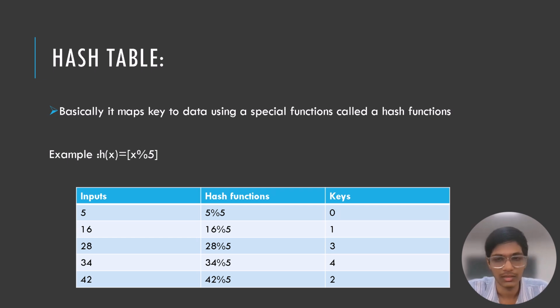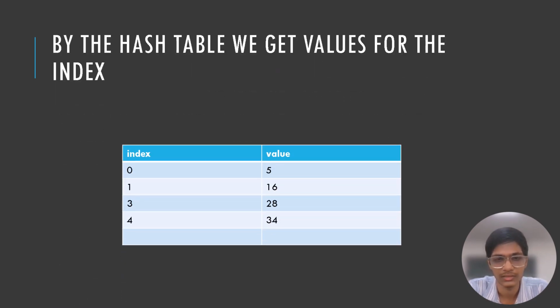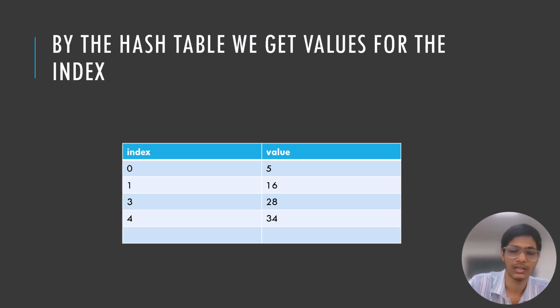In the table we can see input is given 5, and 5 mod 5 is 0, so this is the index value. 16 mod 5 is 1, 28 mod 5 is 3, 34 mod 5 is 4, 42 mod 5 is 2. By the hash table, we get values for the index.